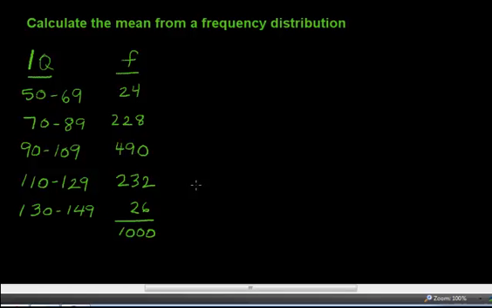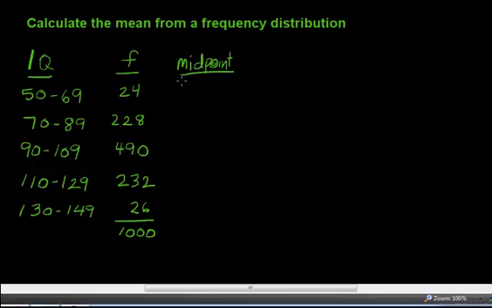So what we would do is use what's called a class midpoint. I'll just put midpoint here, but you'll also see it called the class midpoint. For each class or group, we will have an IQ score that represents that group.